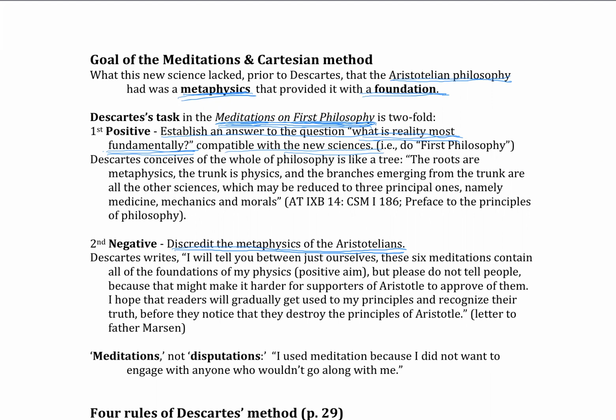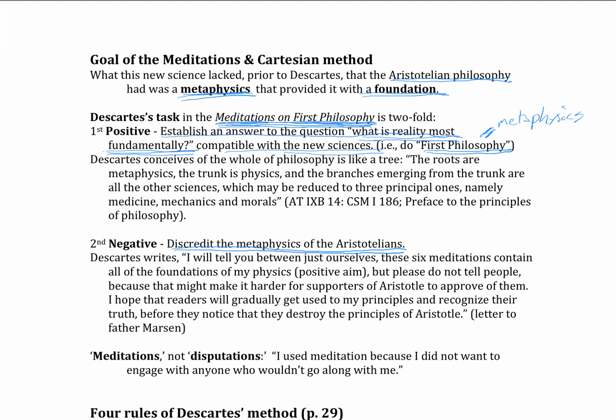So another term that we're going to encounter in Descartes' writings for metaphysics is first philosophy. This is just going to be a synonym for metaphysics. First philosophy is another term that the Aristotelian philosophers used to refer to metaphysics, the science of reality in its most basic form.